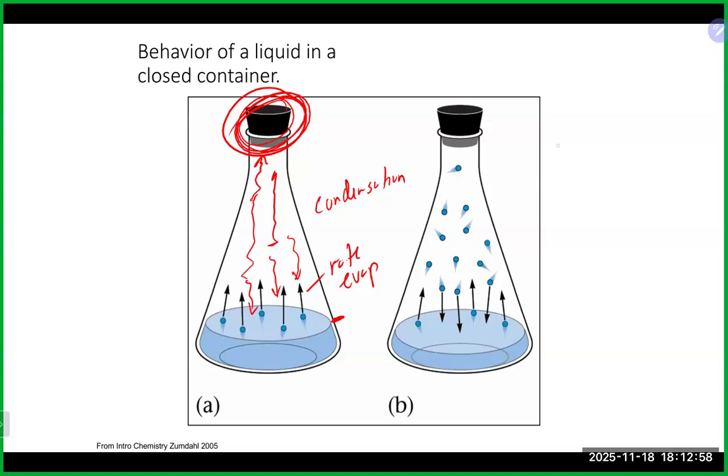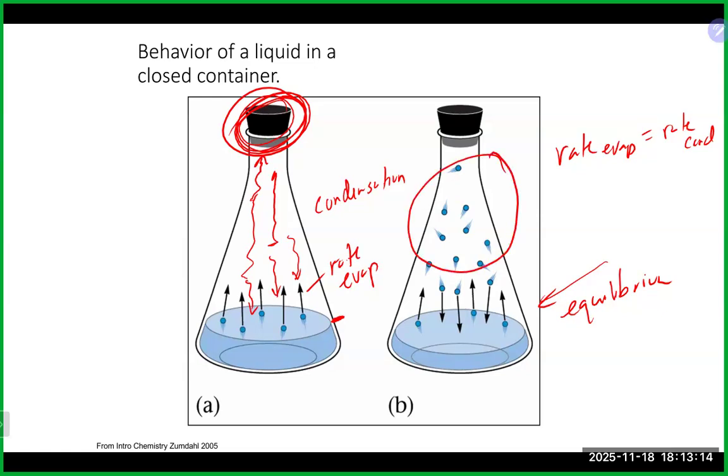And eventually the rate of evaporation will equal the rate of condensation, and you will reach equilibrium, which is what you see over here in this particular guy. And you will have some vapor molecules or gas molecules above the liquid, which is causing the vapor pressure. And what you'll also notice typically is if you take a look at where the liquid volume is now, it typically is a little bit lower than where it started from.